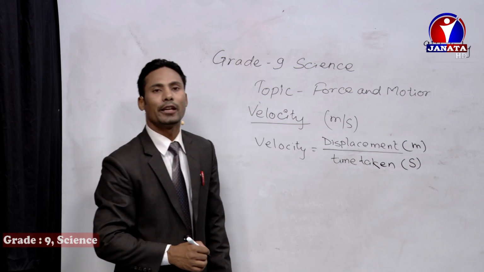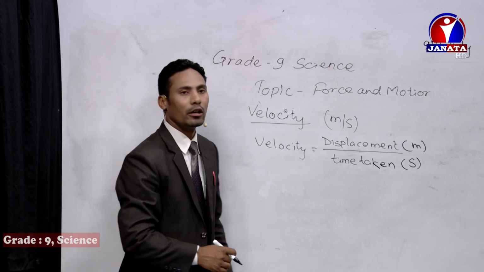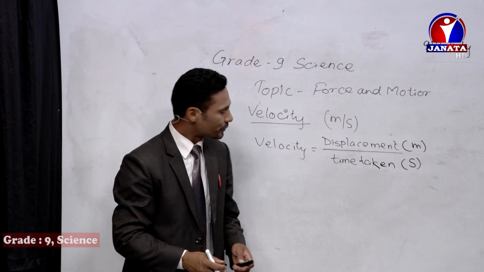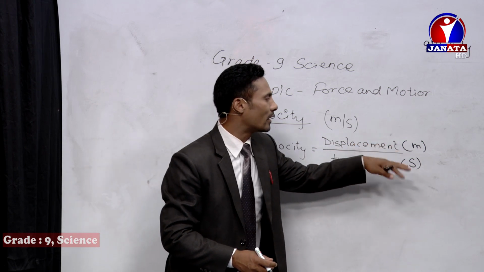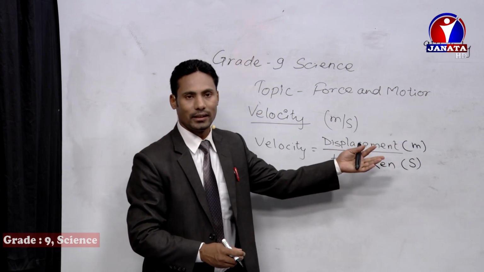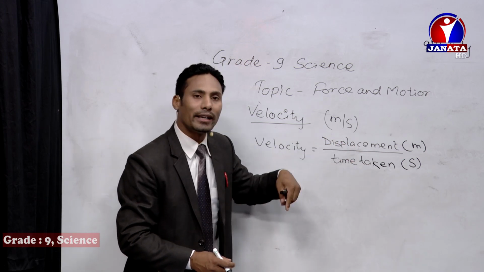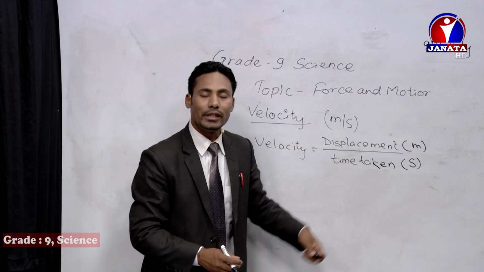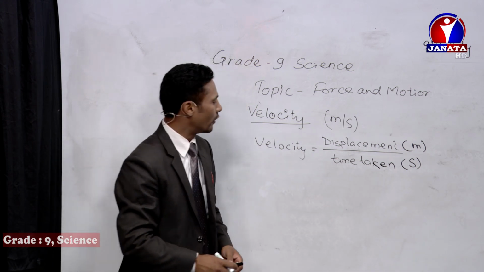That's why the SI unit for measuring velocity is meter per second. Also, we can write the displacement, or the distance covered in a certain direction, as the formula for velocity.